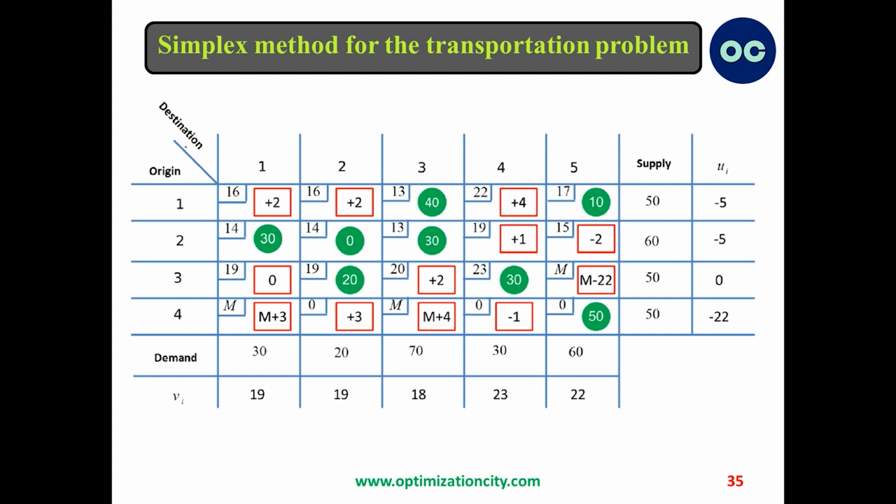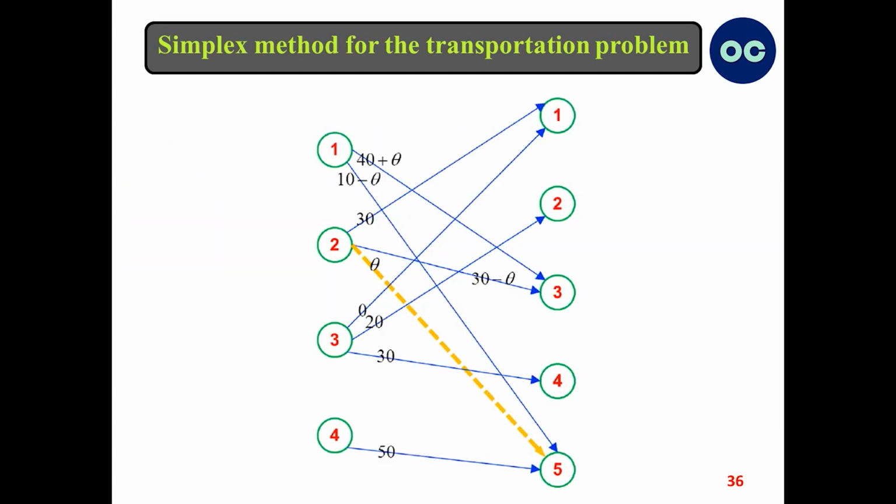In the given table, the variable x25 has the smallest value of Cij minus Ui minus Vj and is chosen as the input variable because it is negative. To determine the output basic variable from the base, we employ the following method. We use the cycle process to update the flow of the arcs.